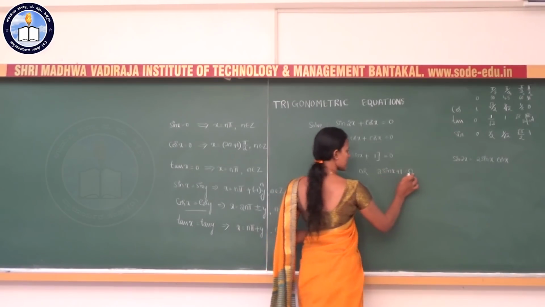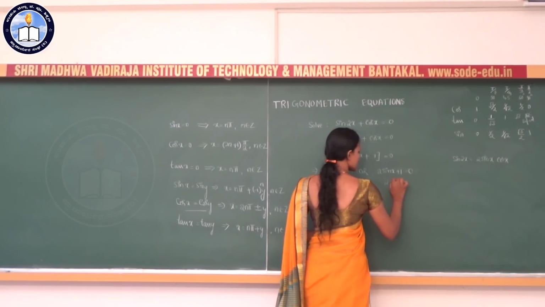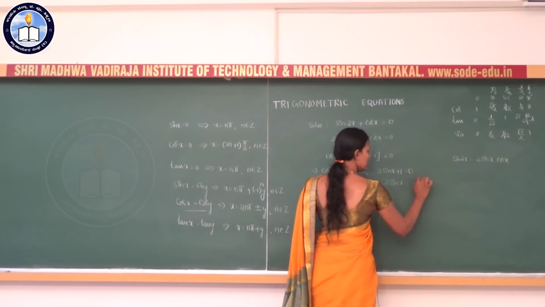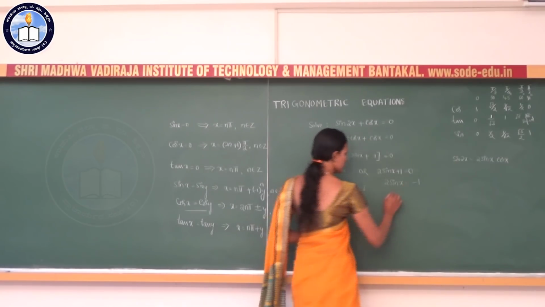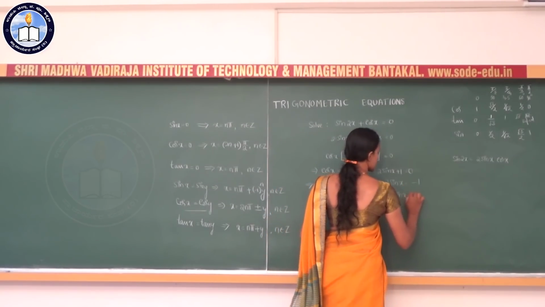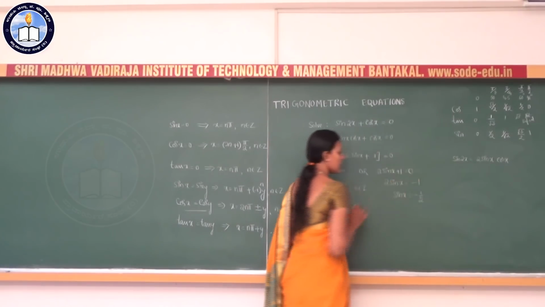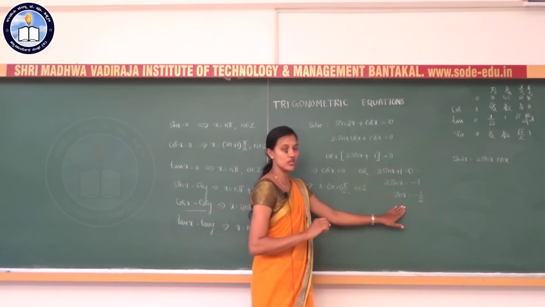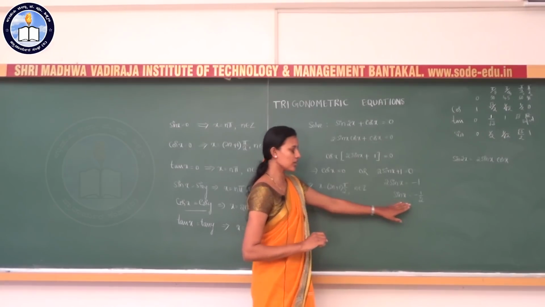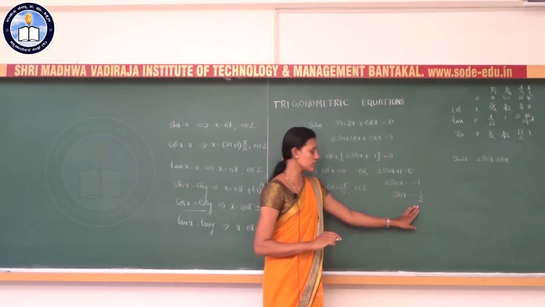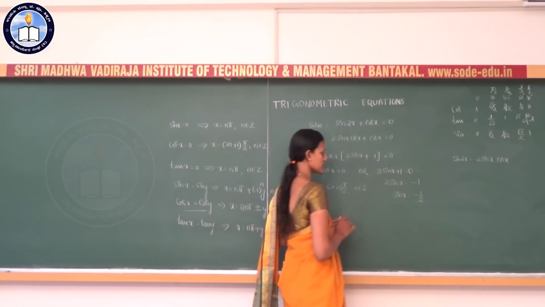2 sin x plus 1 is equal to 0. So 2 sin x is equal to minus 1 and sin x is equal to minus half. Now to find the general solution of this, you can find one of the principal solutions.